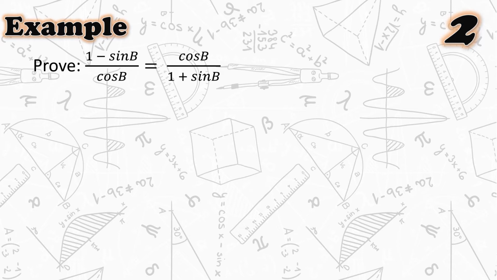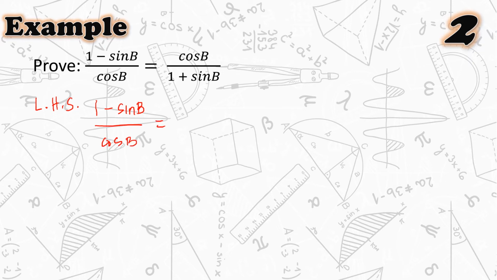Let us work on the left-hand side. In this form of a trigonometric identity, you can choose either the left-hand side or the right-hand side. So, working on the left-hand side, that is 1 minus sine b over cosine b.